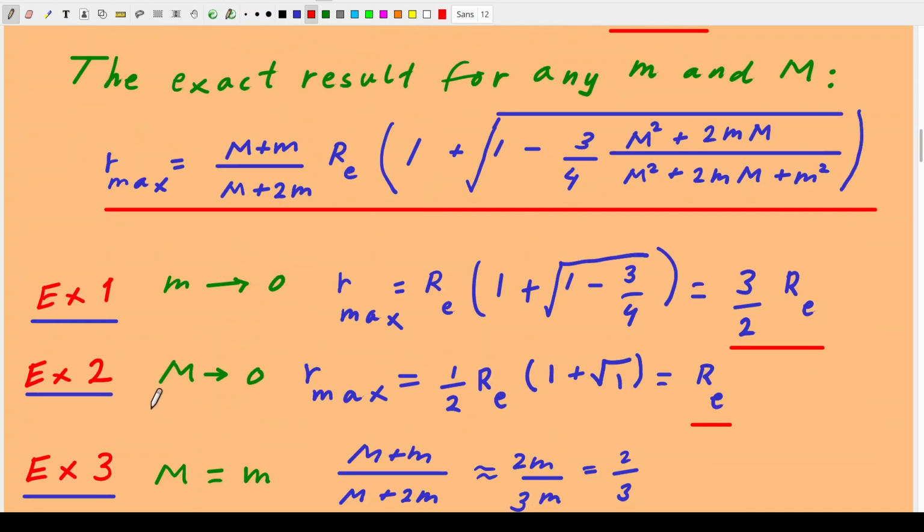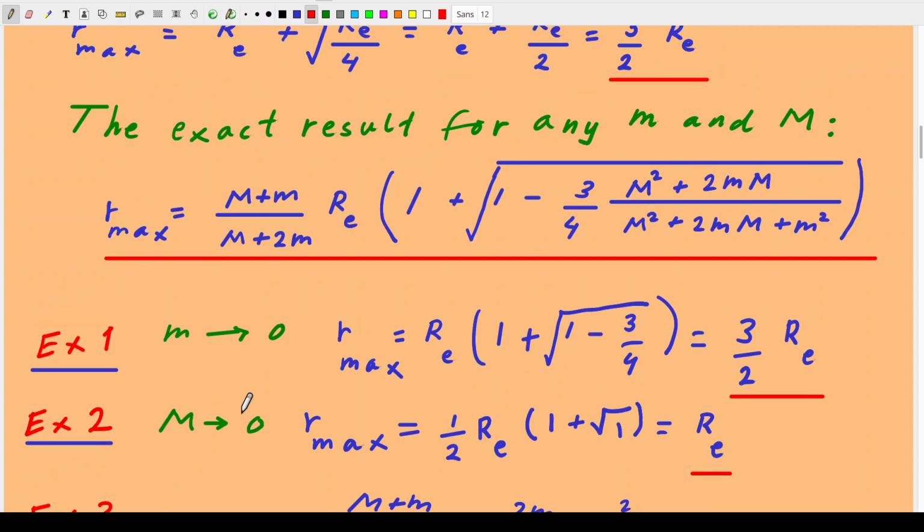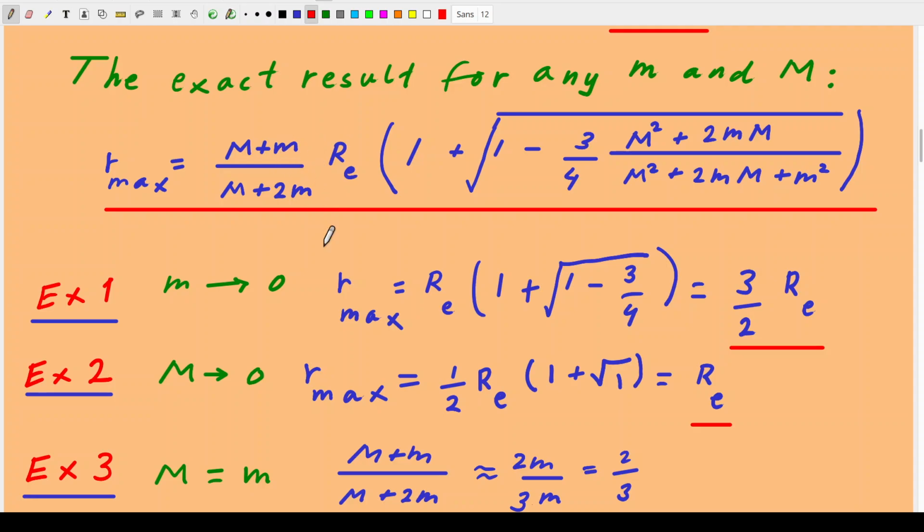And just for fun, let's assume now that instead of the projectile mass being small, let's suppose the Earth mass is small instead. So capital M goes to 0. And then you see, okay, this is not important, so it's just those two. So that will be 1/2, right? And then the radius, and if you look in here, the capital M will be 0. So this expression here will be 0.